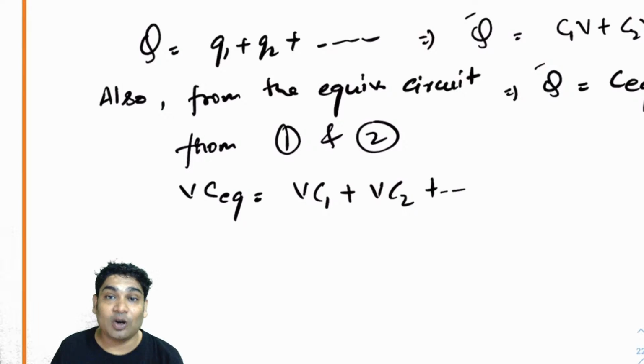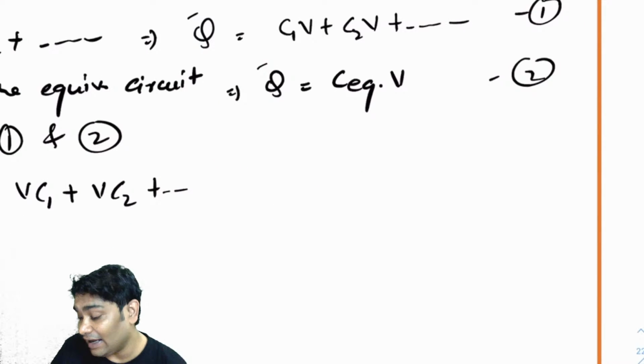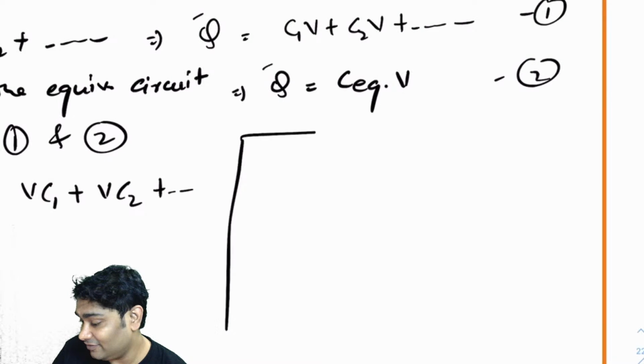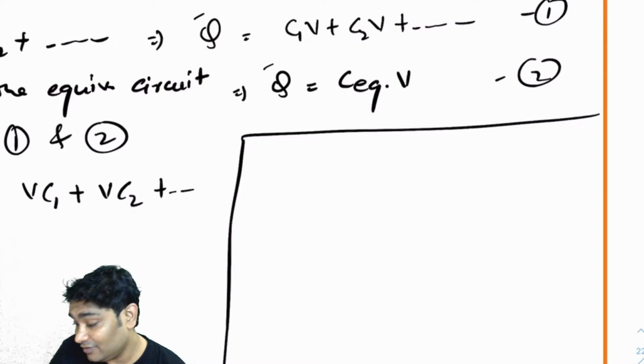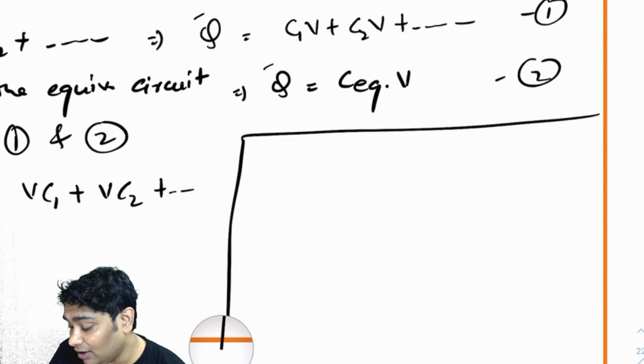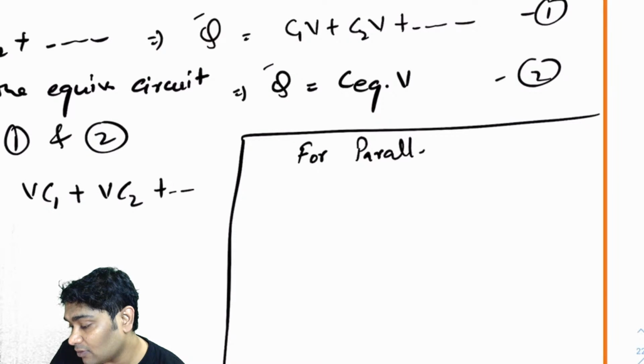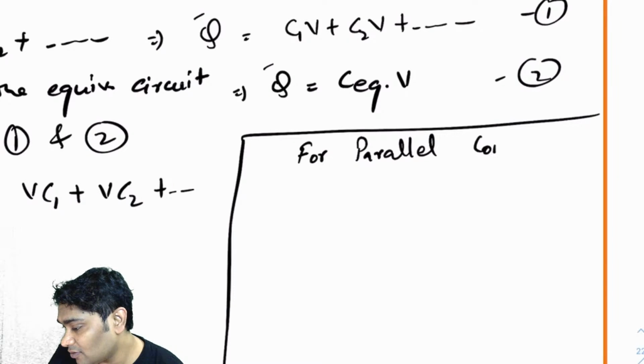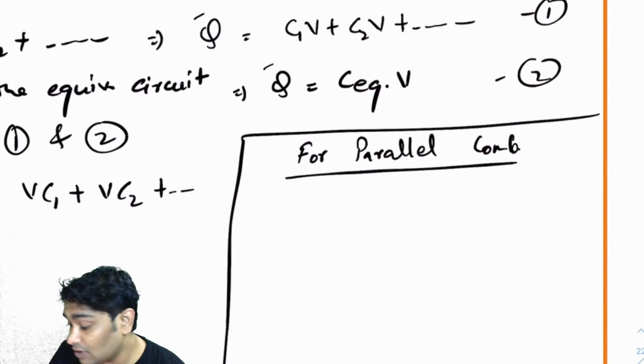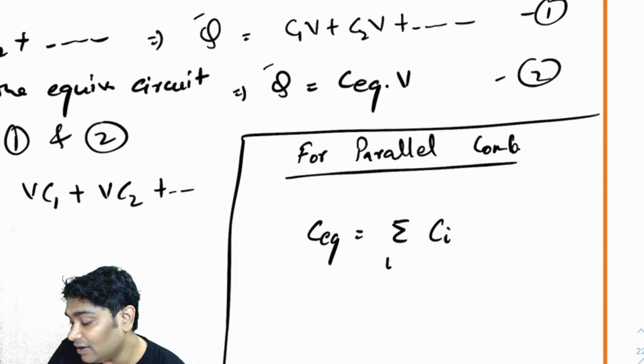And of course I can cancel out all the V's, and finally I have that for parallel combination, C equivalent equals summation of Ci, i going from 1 to n.